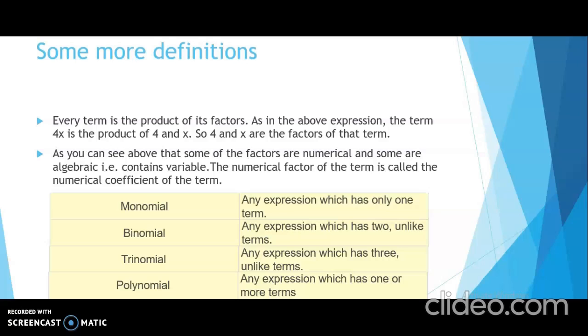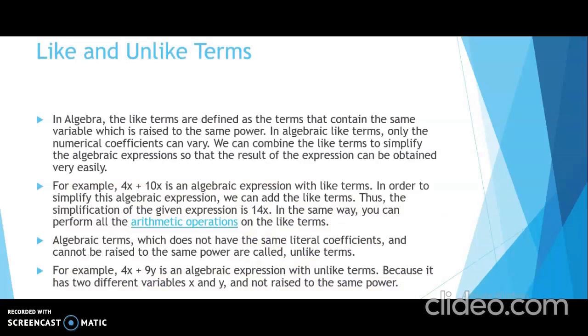Trinomial, three unlike terms. Polynomial, any number of terms, whether it's a like or unlike term. Now, I'm talking about like and unlike terms for so much time. What are they basically? We will learn now.